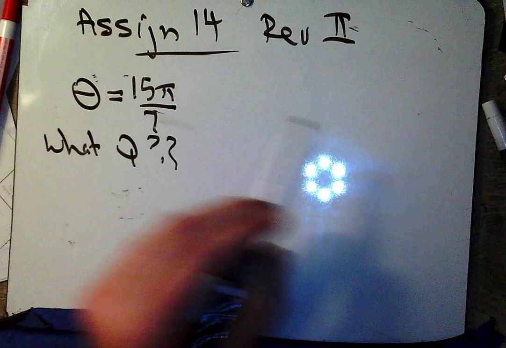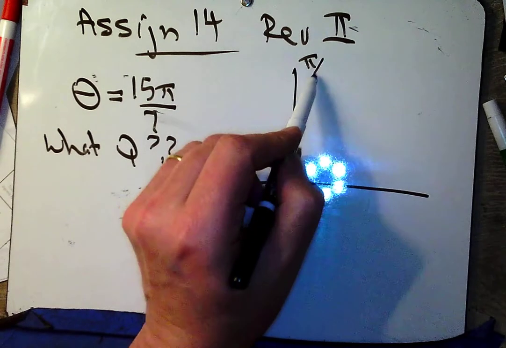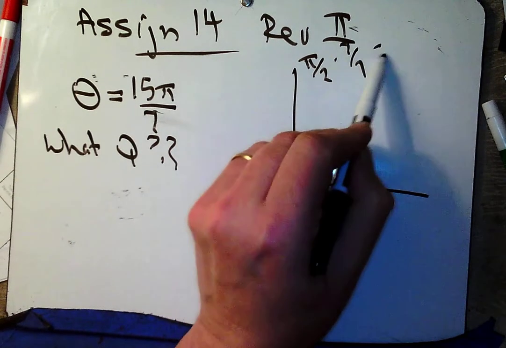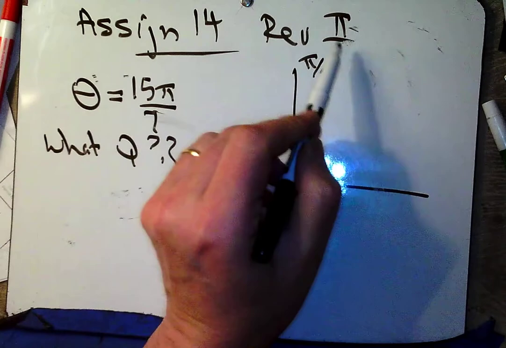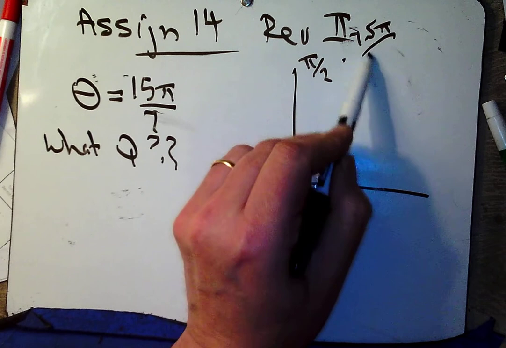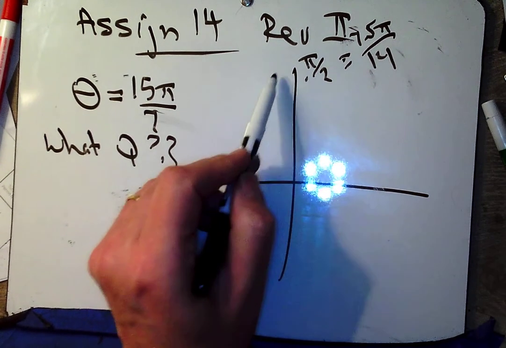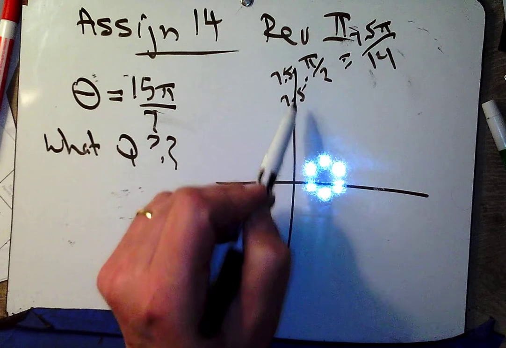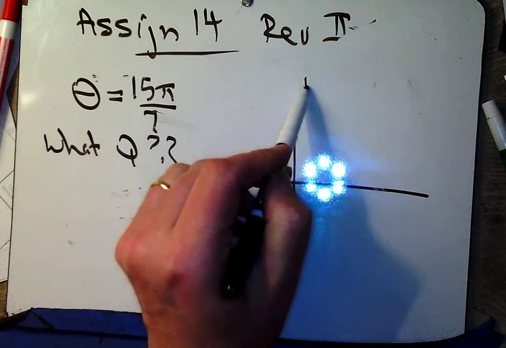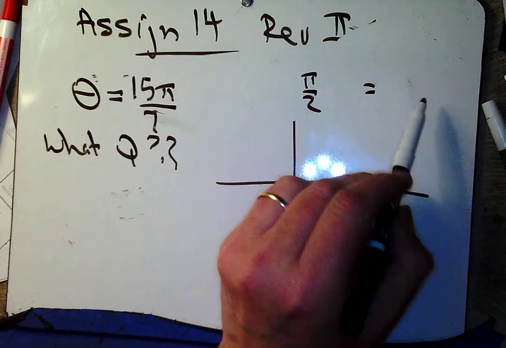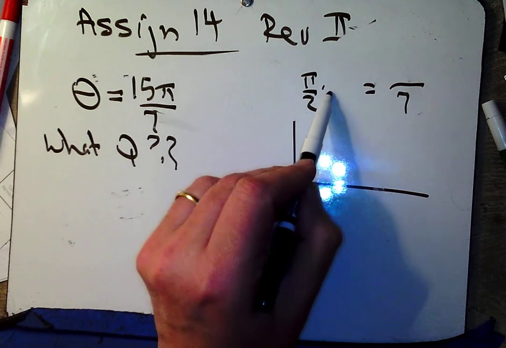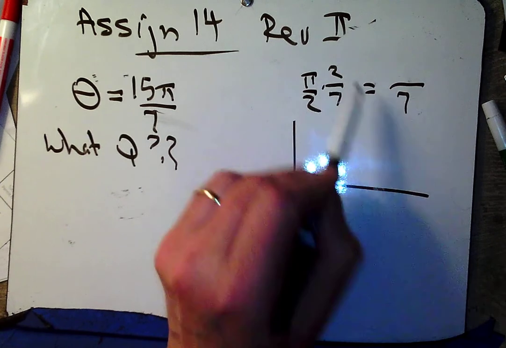Oh, hi, welcome back. So this is normally pi over 2. I want to turn pi over 2 into something over 7, so I need to multiply it by 7 on the bottom and 2 on the top.